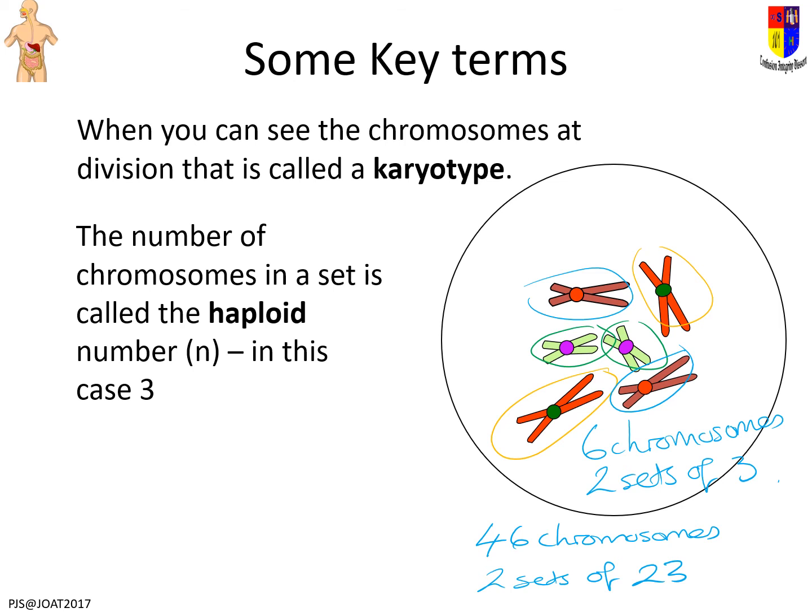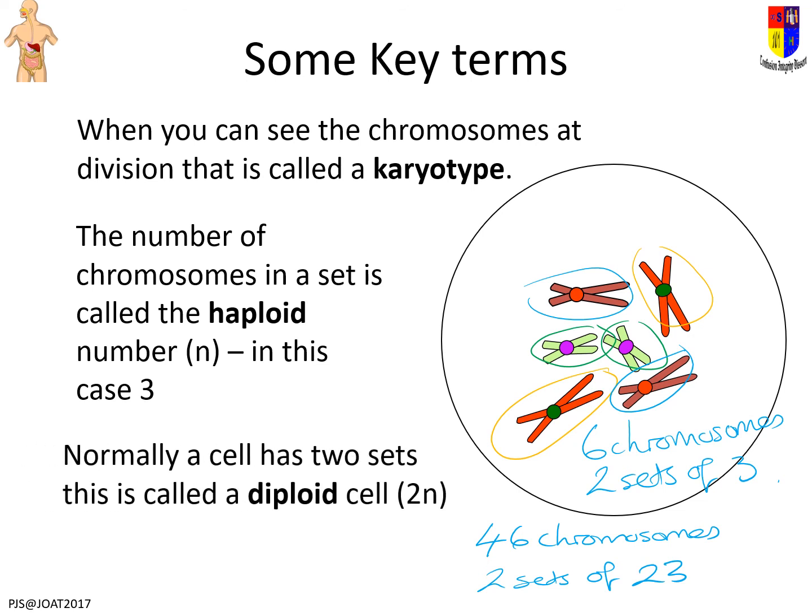That would be our sex cells, because if you want to have a reproductive system working where you're passing on information, if it's sexual reproduction, you've got 2 parents, you can only give on half of the information from each one. So you have 2 sets in your cell, but you only pass on 1 set in your sex cells, so they are haploid cells. So in this case the haploid number would be 3, but for us it's 23. All of your normal cells are diploid because they have 2 sets, and that's your terminology.